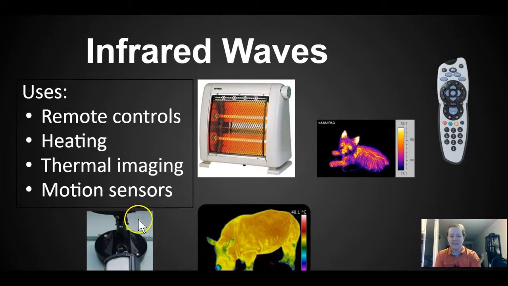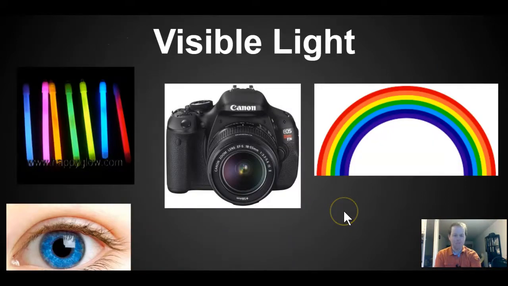In fact, some of these cameras are used in buildings. If you've ever walked into a building and the light turns on, it's using an infrared sensor. Infrared detects people, movement, and then it might turn a light on. Interesting.